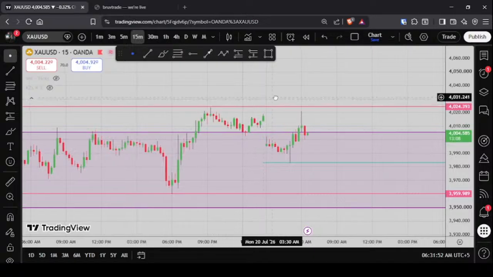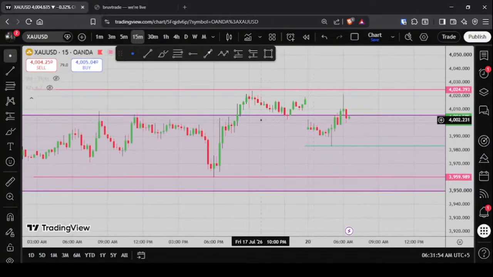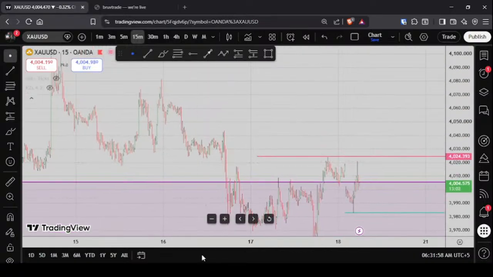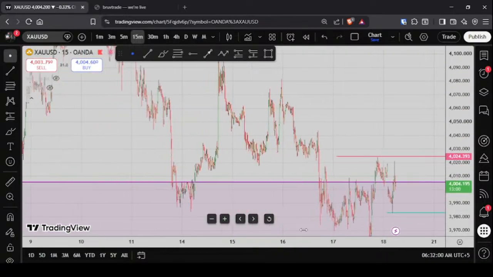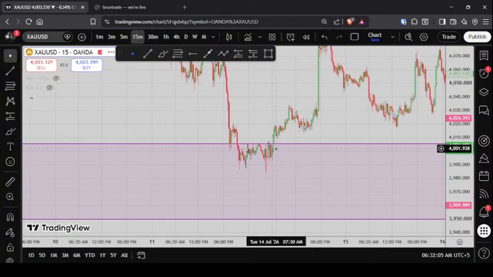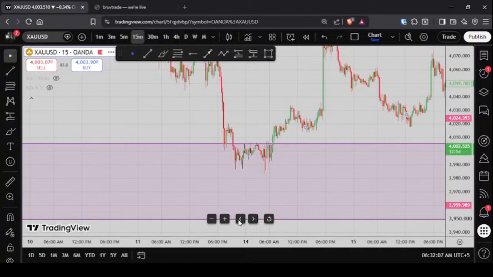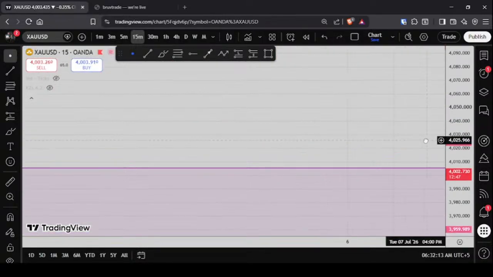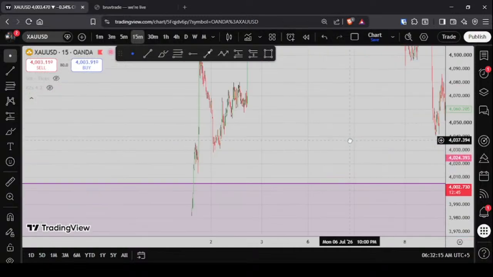Okay, so this is what I'm thinking of. In my opinion, whenever gold comes down to the support zone, it consolidates a little and then shoots upwards while manipulating, or it shows clean breakouts.